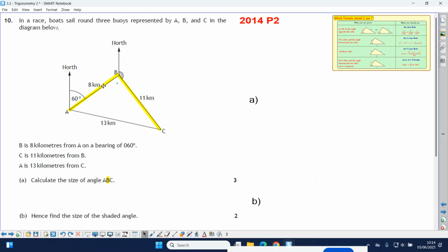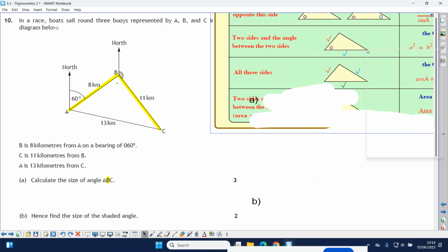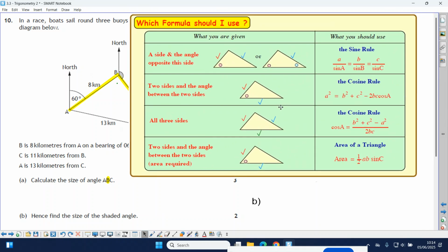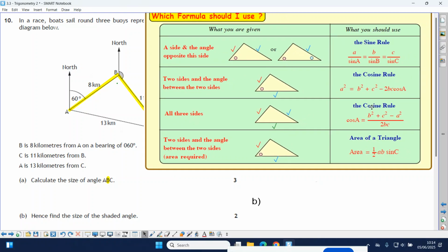Right, so if we're trying to work that out, if I look at this triangle, I can see that I've got 3 sides on the triangle already, and to some extent we need to know our formulas. If you've got 3 sides, you can use the cosine rule to work out the angle, or one of the angles, any of the angles really.